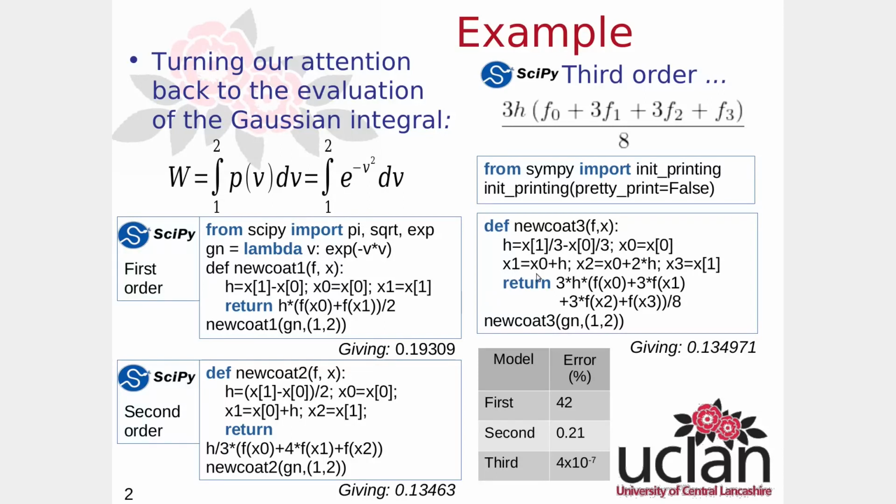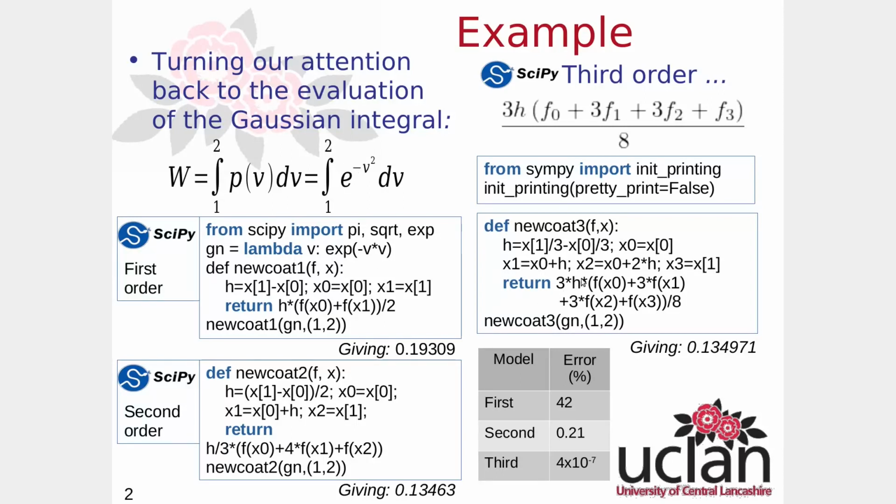The interior points are computed as x0 plus h and x0 plus 2h, and finally x3 is found from the end of the integration interval. And then we just apply the formula.